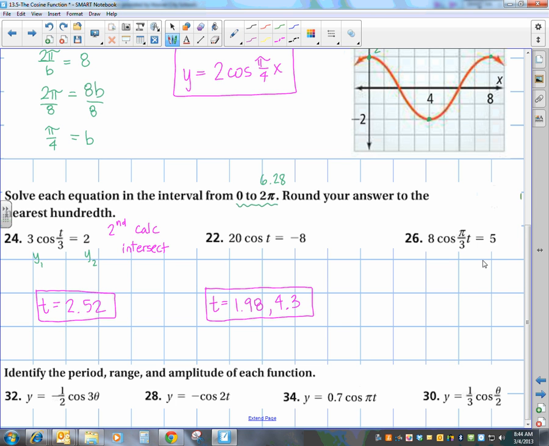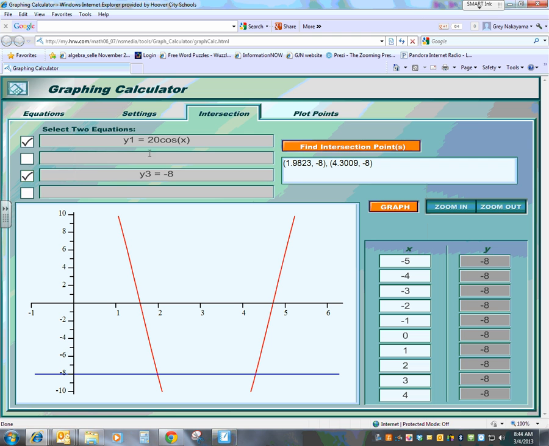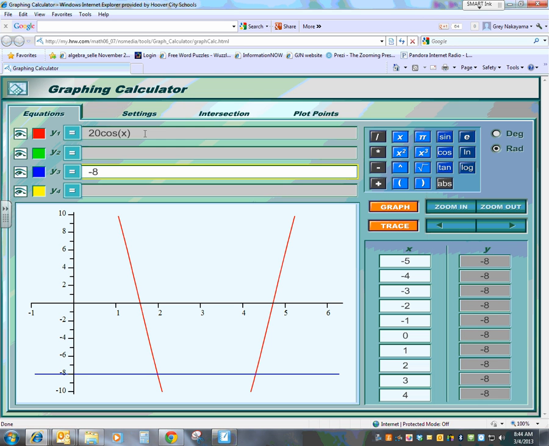It's a little different. 8 times the cosine of pi over 3 times t equal to 5. So I'll go back to my equation. I have 8 times the cosine. I think it said pi over 3 times t.